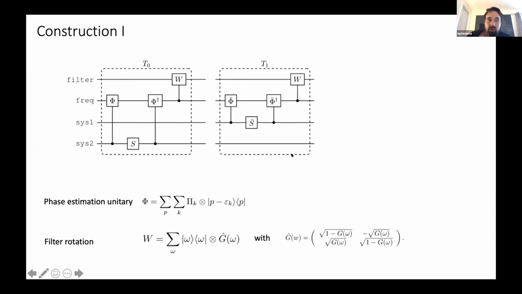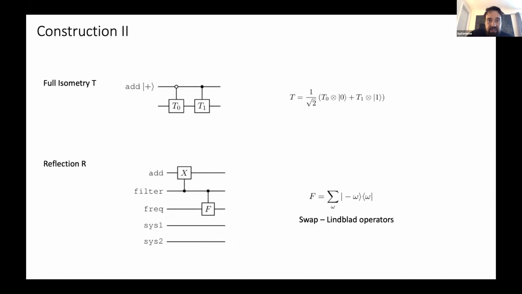and then you follow it by this conditional rotation. Now you can do the same thing for the T1 isometry. There you do everything, including the filter rotation, with the complex conjugate on the second subsystem. You can then combine them with an additional adder register that gets them both in superposition.